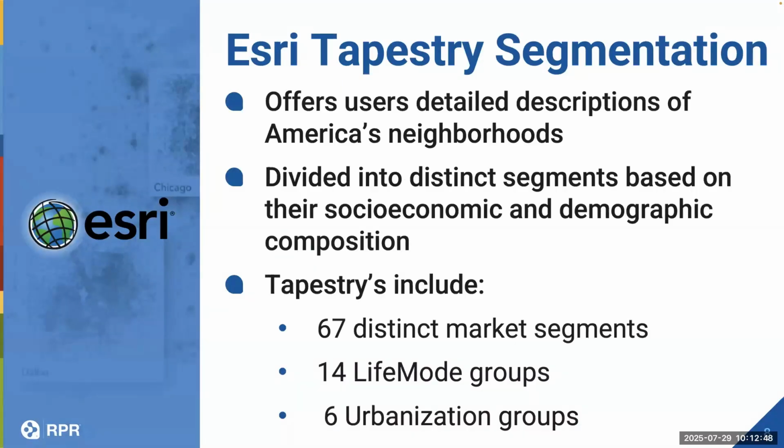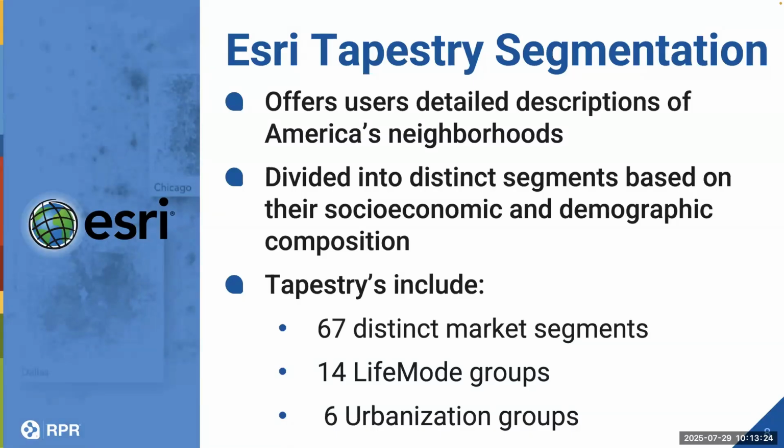Our ESRI data, which I believe is the Environmental Science Research Institute or Environmental Systems Research Institute, that's the acronym. ESRI data provides detailed descriptions of America's neighborhoods, and it's almost done in a tier level where you have large dominant segments based off of socioeconomic and demographic data.